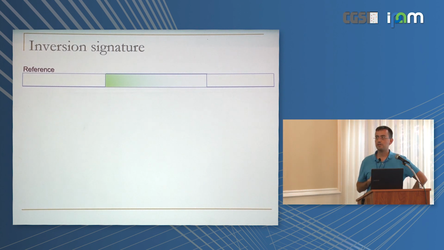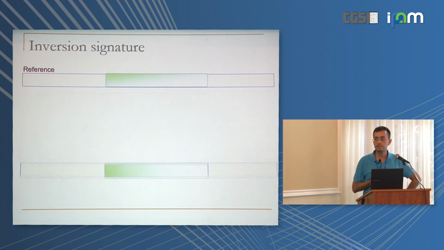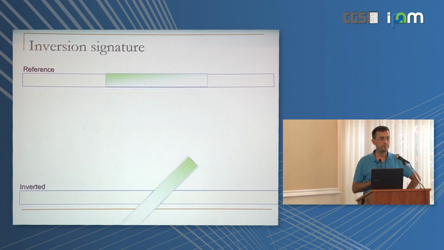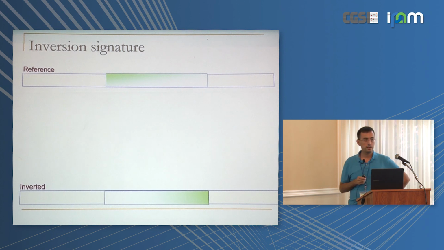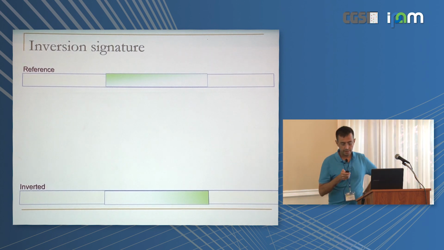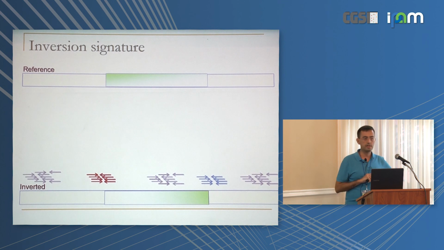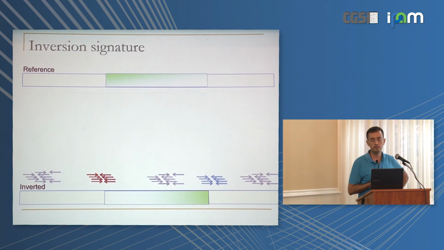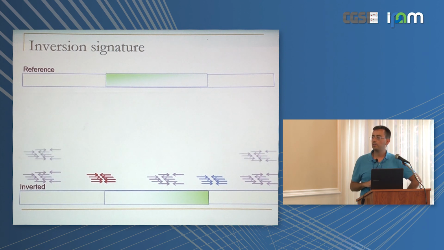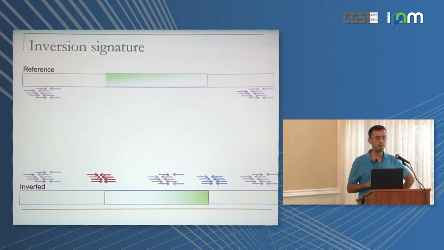So let's say we have this reference genome, and then we have this segment. And in the sample that we sequence, this segment is flipped. So this part is inverted. Let's say we have sequences coming from this genome, and we have some read pairs coming from outside the inversion, some read pairs coming from inside the inversion, and some spanning the breakpoints. These are going to map normally. This is also going to map normally.